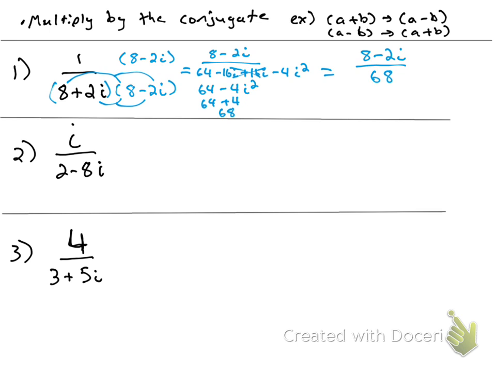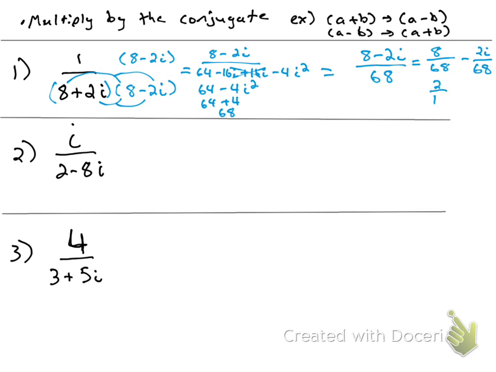Very close to being done, but we have to simplify, okay? You're going to separate it into two terms, same denominator. This is how Savas will want you to put the answer in. So 8 divided by 68, what would that simplify to? 2 over 17.